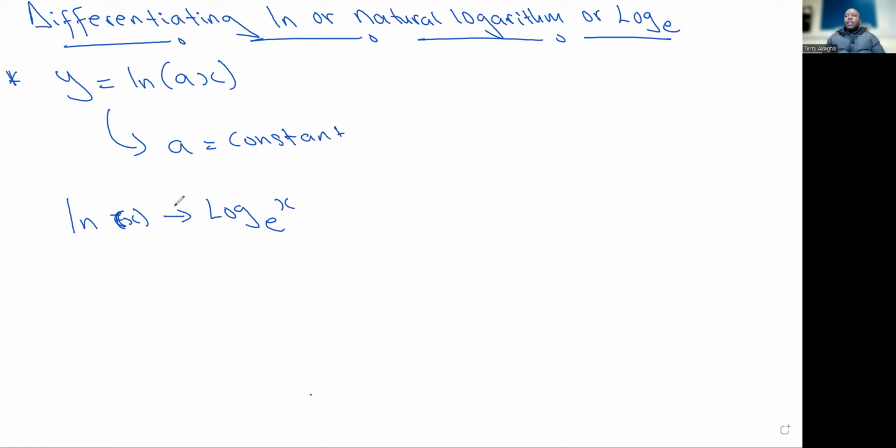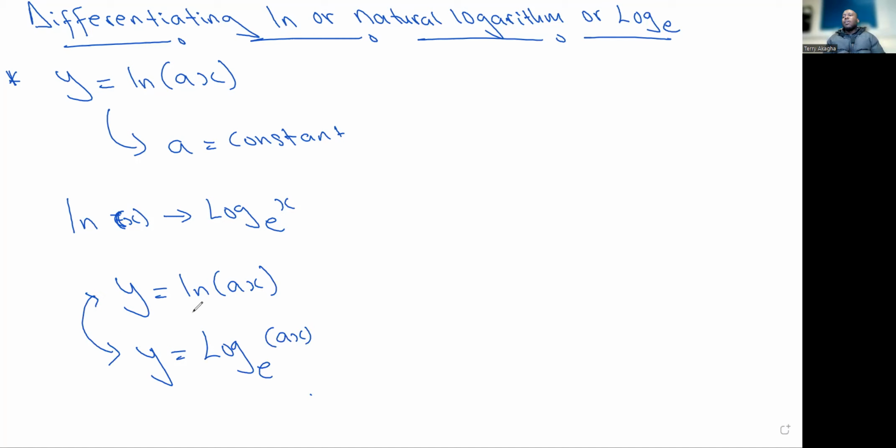So this question, where we have y is equal to ln ax, is the same thing as saying y is equal to log to base e of ax. Some textbooks will write it like this, while some will write it like this. Still the same thing. But for me, I'm going to just stick to writing it as ln because it's easier and looks pretty when you write it.